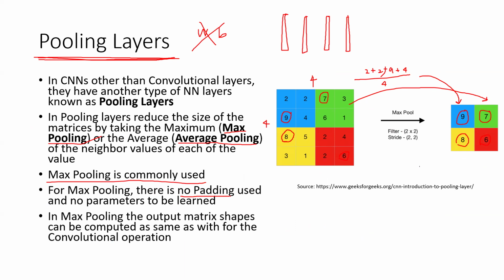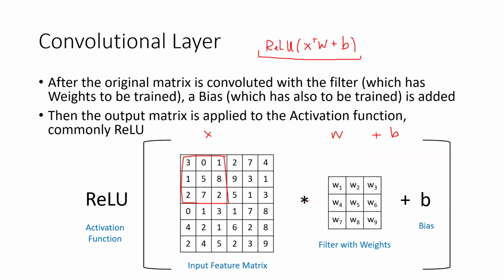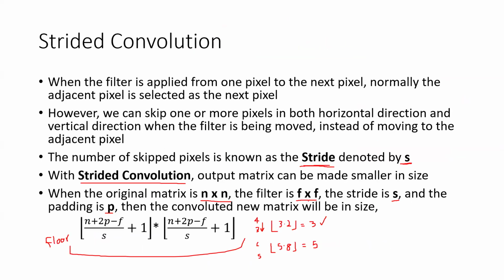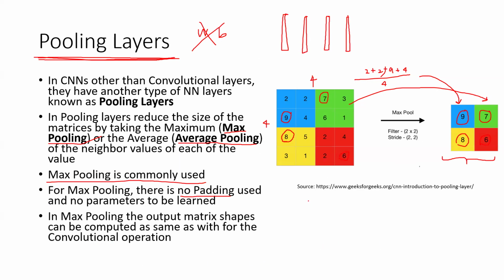And when you are computing the resultant matrix dimensions, you can use the same formula that is used for the convolutional operator, the strided convolution, when you have zero padding.